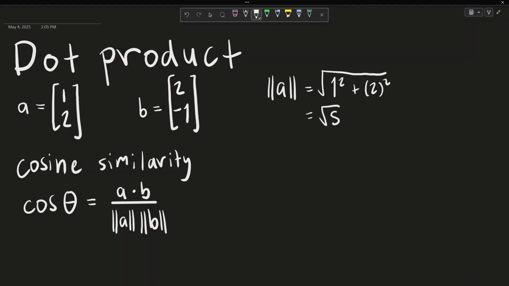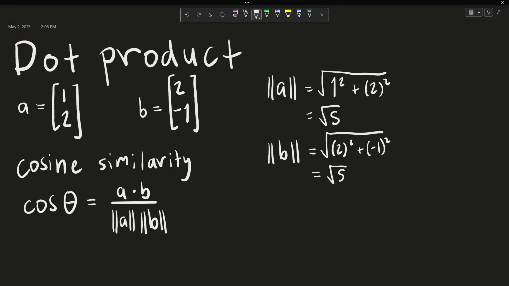And we know that the magnitude of B is equal to the square root of 2 squared plus negative 1 squared, which is also the square root of 5.